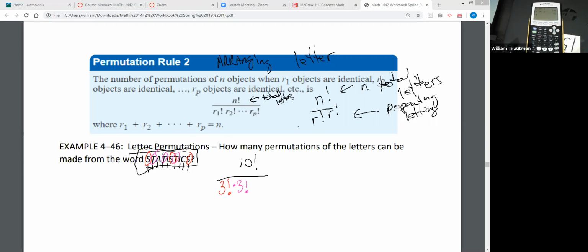Any other repeating letter? We only have 1 A. Oh, we have 2 I's. Do you see we have 2 I's?